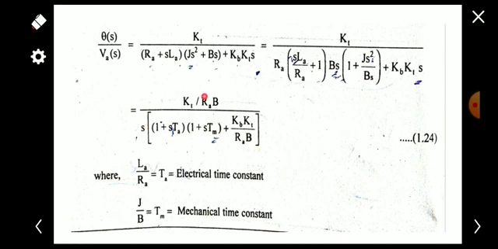So the last equation is theta(s) by Va(s) equal to Kt by RaB divided by s into (1 plus sTa) into (1 plus sTm) plus Kb Kt by RaB, where La by Ra is equal to Ta, the electrical time constant, and J by B is Tm, the mechanical time constant. So this is the transfer function of the armature controlled DC motor.